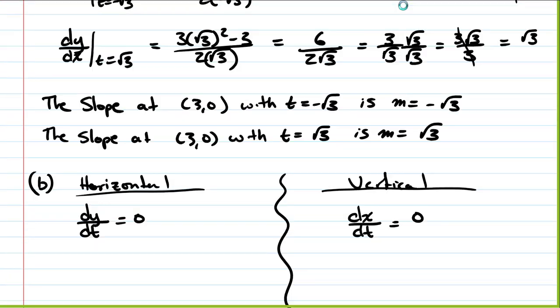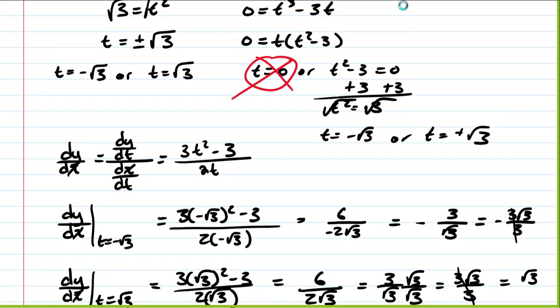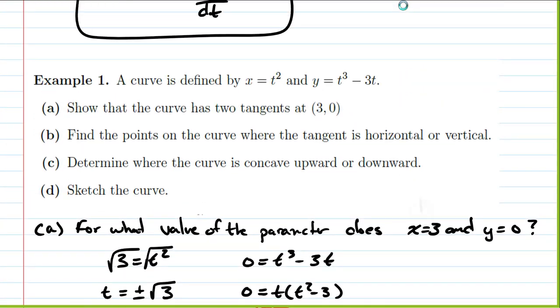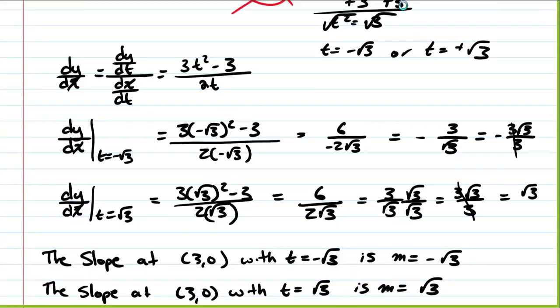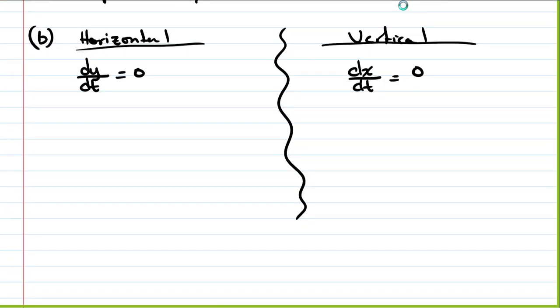So we take our derivative once again. dy/dt, where y is t cubed minus 3t, is going to be 3t squared minus 3. And our dx/dt, taking our derivative with respect to t, is going to give us 2t.